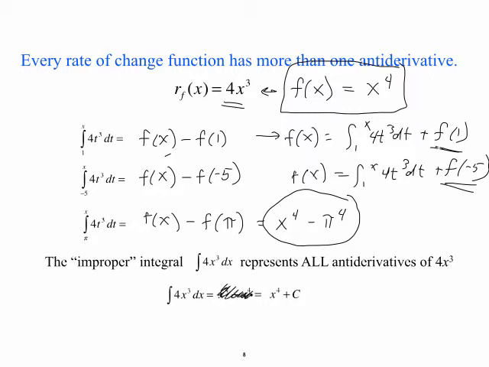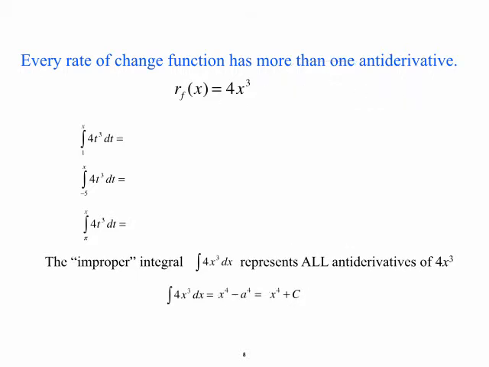Ignore this. I mean that we include some unknown constant at the end, right? Well, it's not that this is unknown. It's that this represents all possible constants collectively, okay? So C could be anything, and this would be a way to represent all possible antiderivatives in one fell swoop, okay?